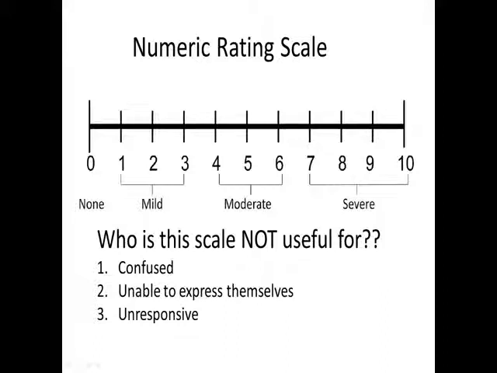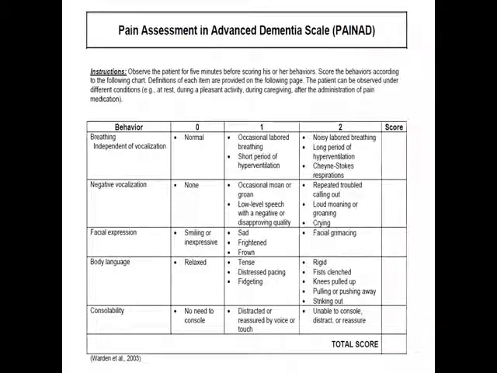If the patient can verbally answer your questions, definitely go with the numeric rating scale. And you can see that mild is 1 to 3, moderate is typically 4 to 6, and severe is 7 all the way up to 10. And again, who is this scale not useful for? Confused patients, patients unable to express themselves, unresponsive patients, and certainly the younger pediatric patients.